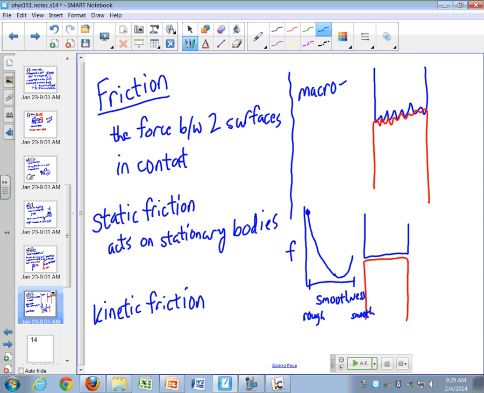I'm going to call it script F with an S subscript for static friction. And kinetic friction I'm going to call script F with a K on it, kinetic friction. And you might imagine that this acts on what type of bodies? Moving bodies, right? Moving.